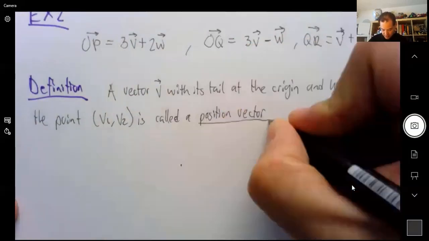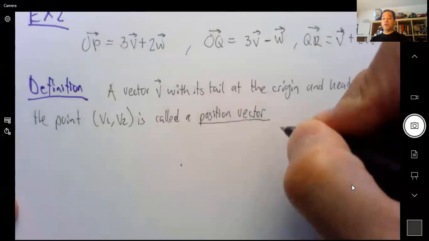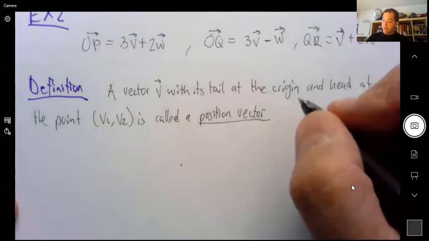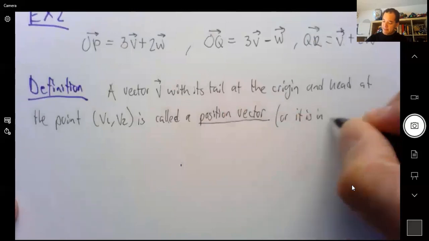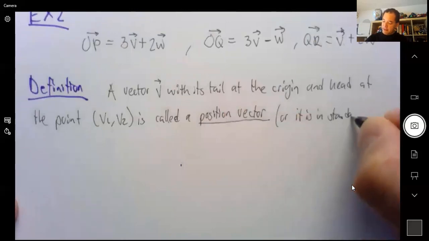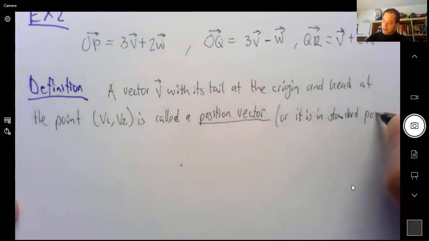A position vector, or we also say that it is in standard position. That's the other nomenclature that you may have heard.